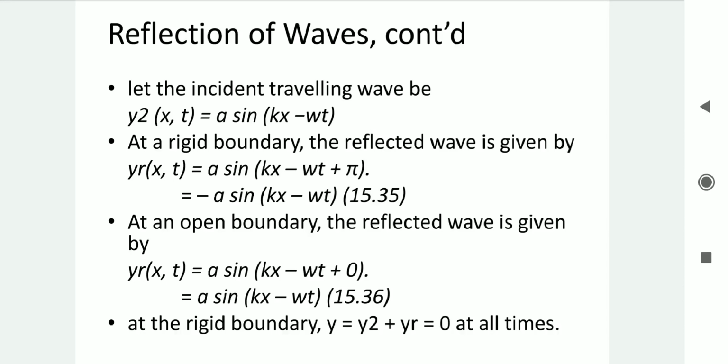At an open boundary, the reflected wave is yr(x,t) = a sin(kx - omega t + phi), but at an open boundary no phase difference is introduced, so the result is the same, a sin(kx - omega t). So from a rigid boundary the amplitude gets reversed, and for an open boundary it remains as it is. Using the superposition law, y = yi + yr. For the rigid boundary that would be 0, and for the open boundary it gets doubled. Right?